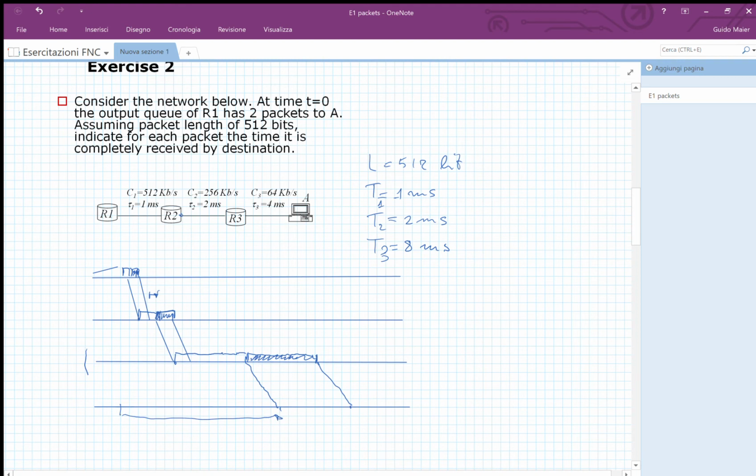This is the total transfer time of the first packet, and this is the total transfer time of the second.